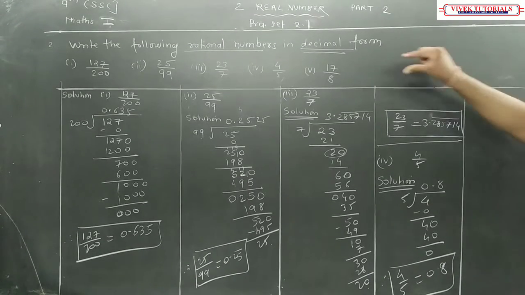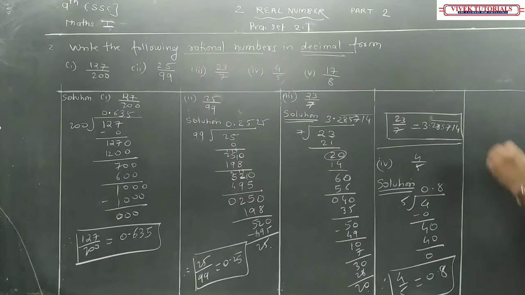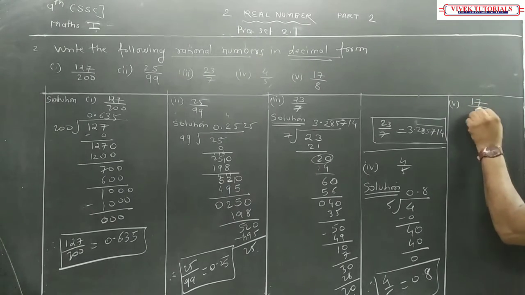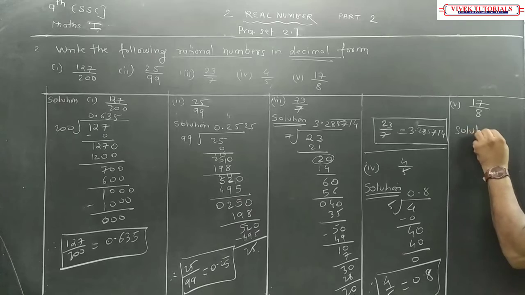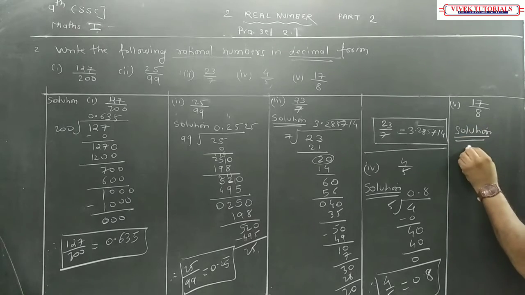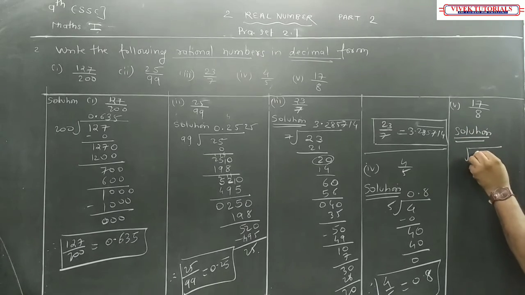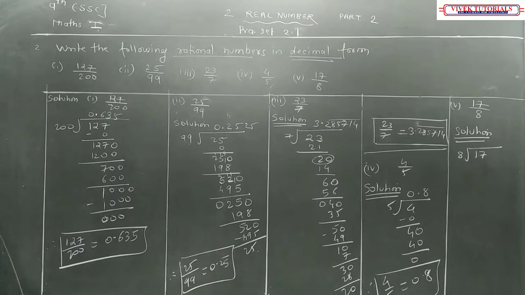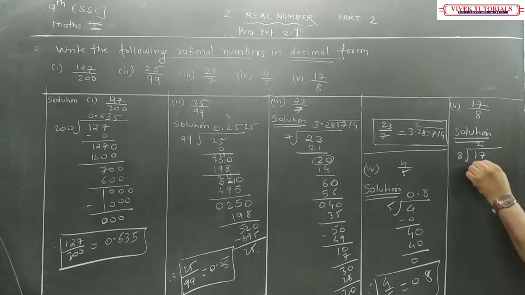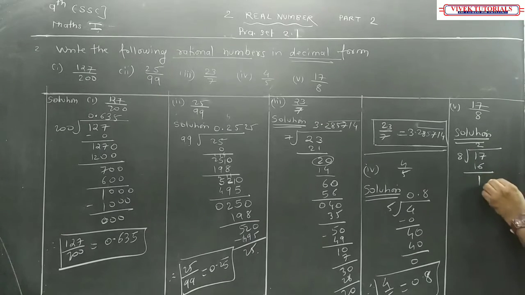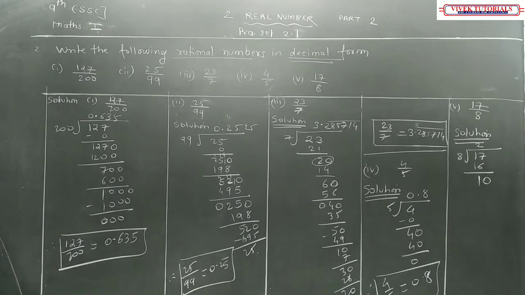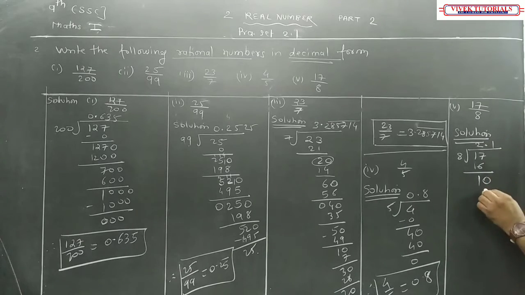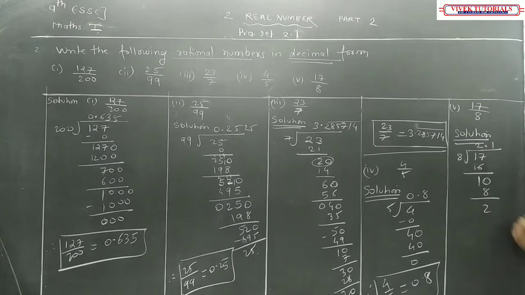And I'll go for the last question, that is 17. It's the fifth question. 17 upon 8, solution. How are we going to perform it? It is 17, it is 8. 17 is greater than 8. 2s are 16. 1 is left, 0. So now what will happen, tell me? The point will come. 1s are 8, I mean 2.